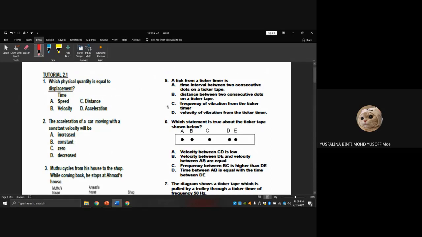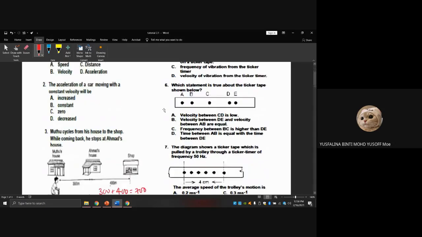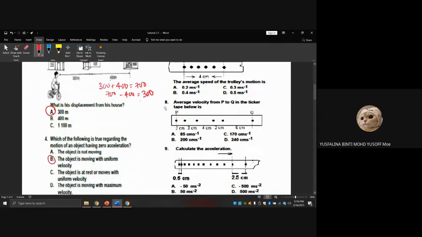C. Kenny, that means for number 5 the answer is C, or you give the answer for number 4. Number 4, C. Wait. Rest or move with uniform velocity. If rest, the velocity is 0.